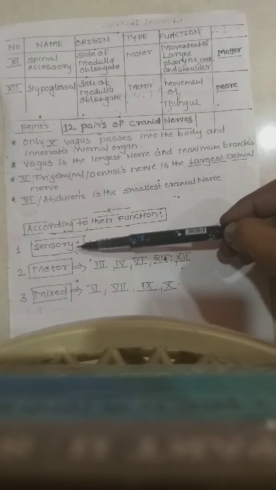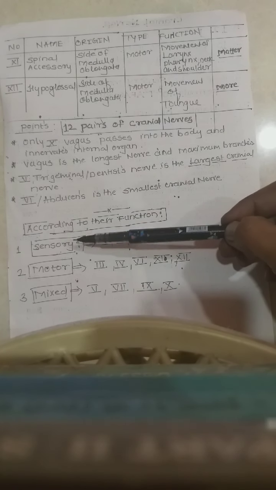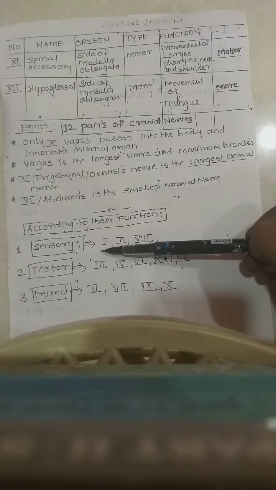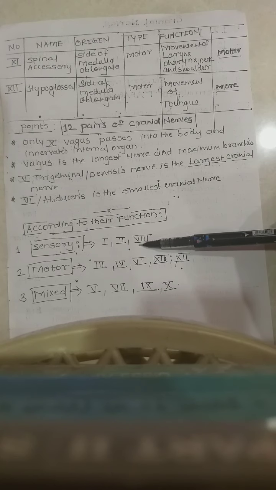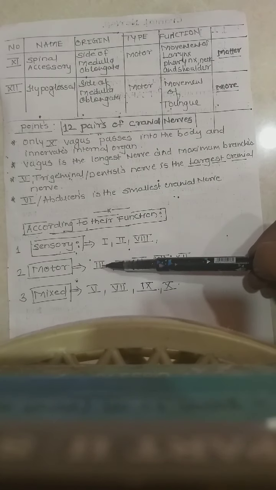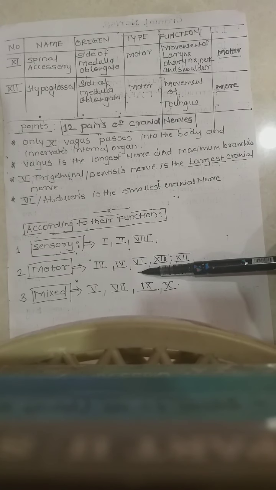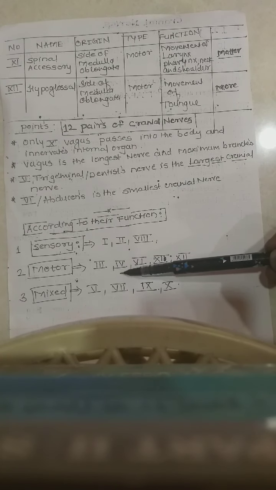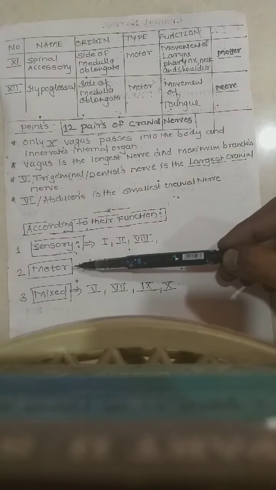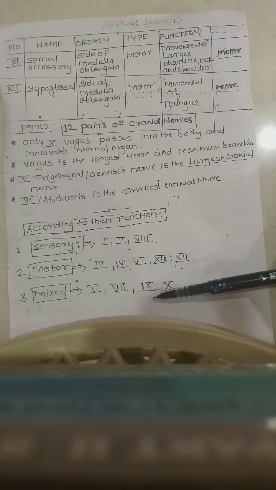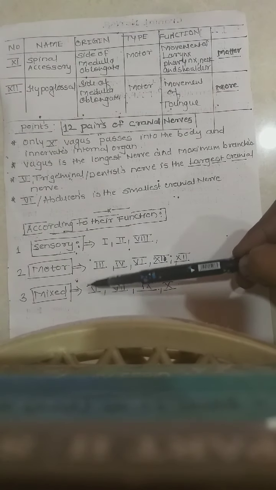So which nerves come under the sensory? Cranial numbers first, second and eighth. These are the three sensory nerves. And the motor ones are the third, fourth, sixth, 11th and 12th; these five are motor. And mixed are the fifth, seventh, ninth and 10th; these are the mixed nerves.